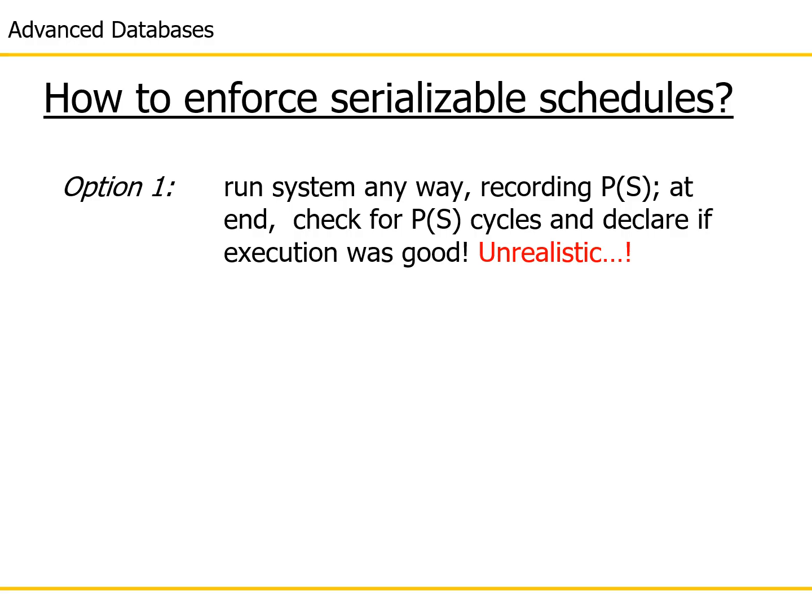So let's take it step by step before I show you the real thing. What can we do to enforce a serializable schedule? A very naive, unrealistic scenario is what I have here in front of you, which is run the system anyway, and whatever happens, happens.